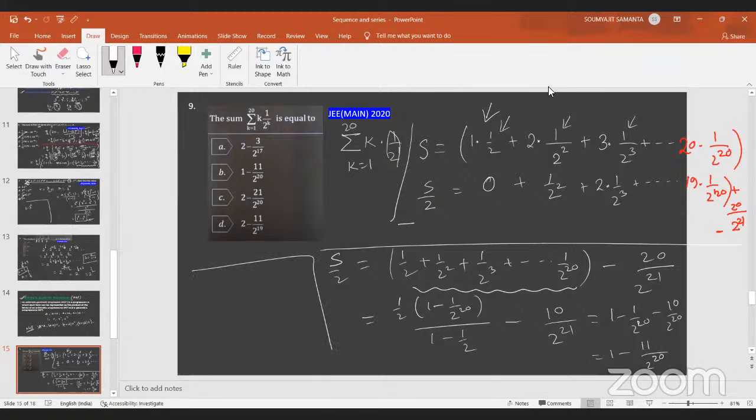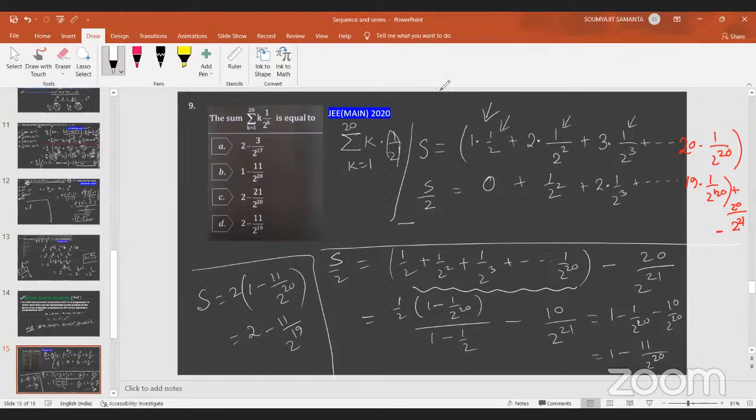So what is S? S equals 2 into 1 minus 11 by 2 to the power 20. So this is nothing but 2 minus 11 by 2 to the power 19, as in the denominator it will become 2 to the power 19. Is this clear, Arjo?